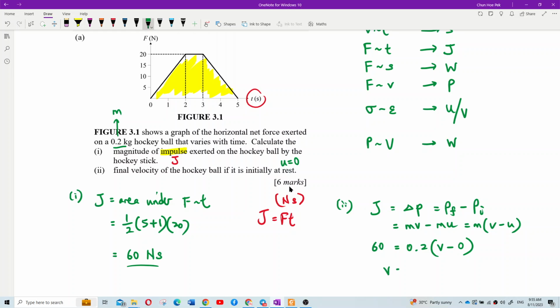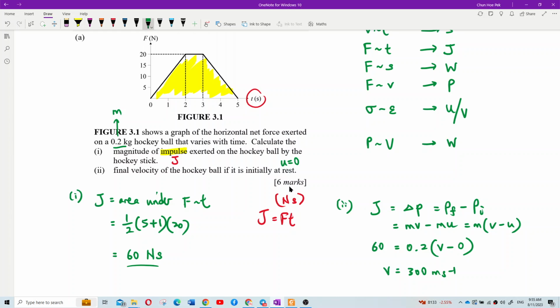So what is your v, class? 60 divided by 0.2, so v is 300. 300 what?